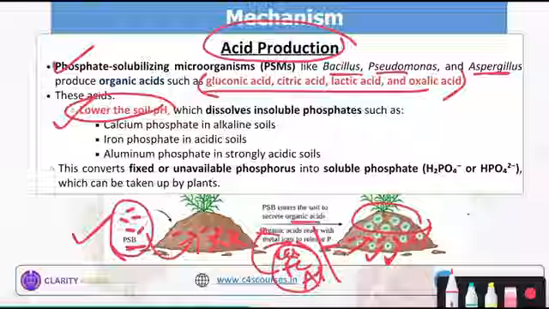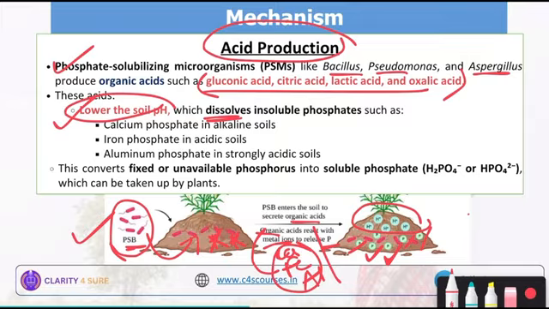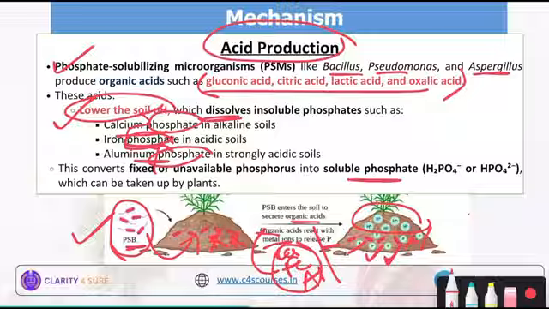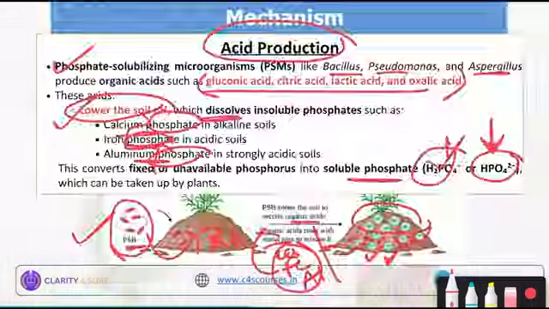They are going to lower the soil pH, which dissociates the phosphorus from calcium phosphate, iron phosphate, and aluminum phosphate. It is going to break this bond, making phosphate available or soluble, converting that phosphorus into these available phosphorus forms. This is simple, right?